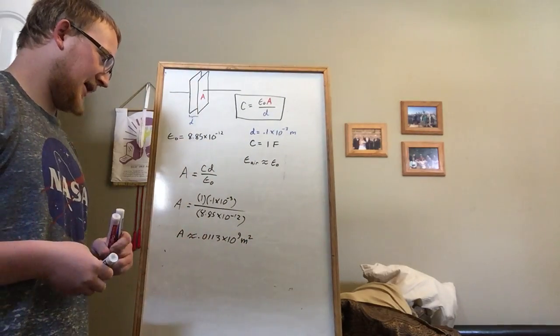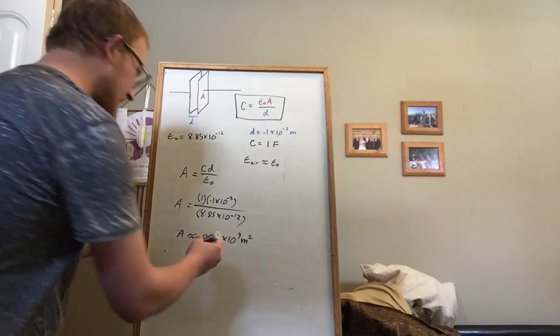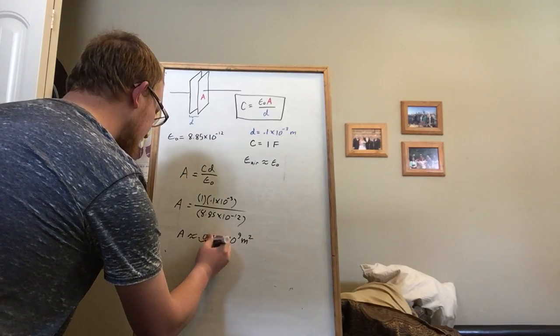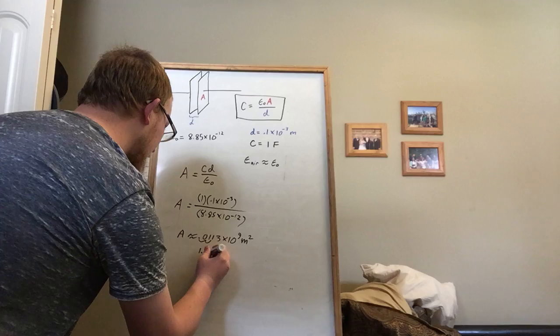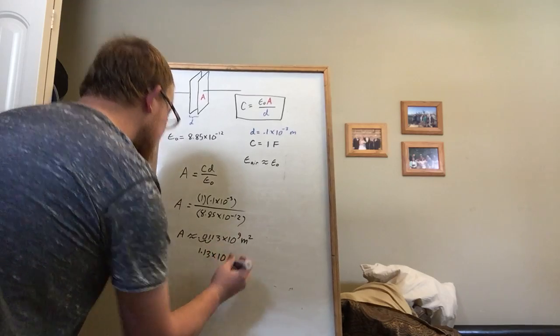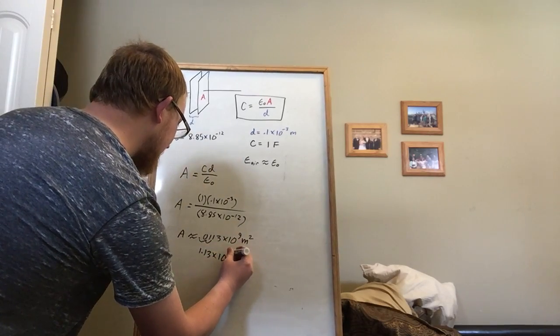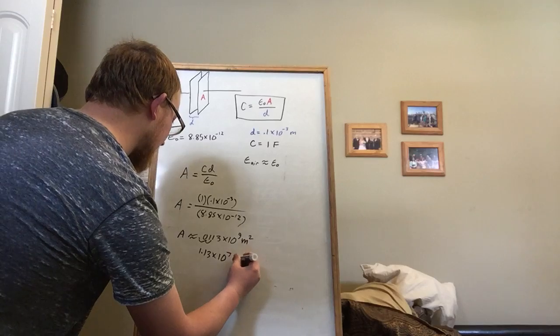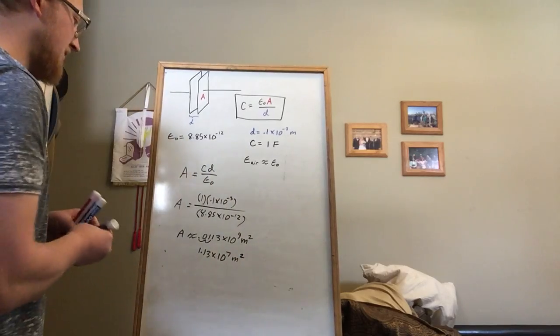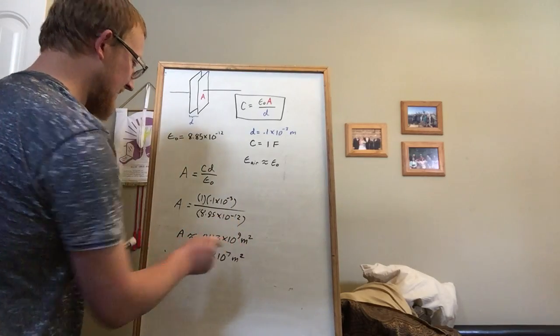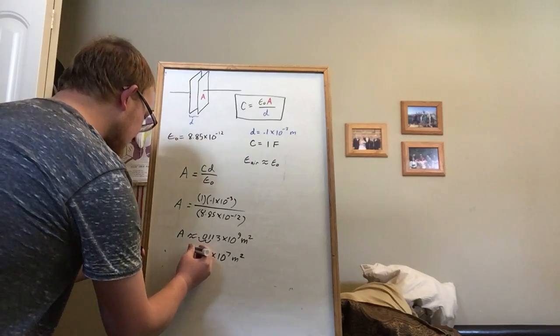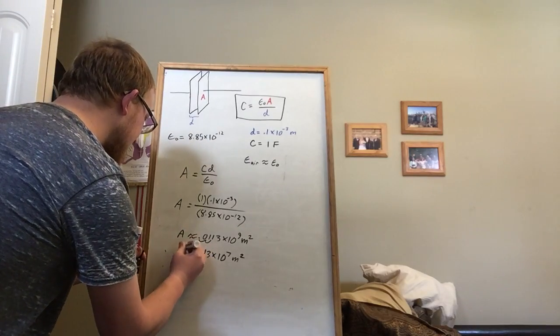So now that we know area, first let's move our decimal 2 places to give us 1.13 times 10 to the 7 meters squared. I believe that's right. We're making it look bigger, so we have to make the exponent smaller. So that's roughly what our area is.